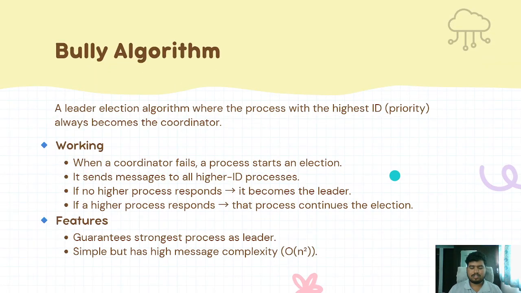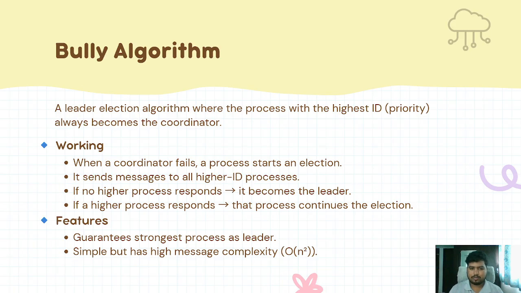Let's see the bully algorithm in detail. The bully algorithm is a leader election algorithm, where the process with the higher ID always becomes the coordinator. How does it work? Suppose there are multiple processes in a system. When the coordinator fails, a process starts an election. It sends a message to all higher ID processes.